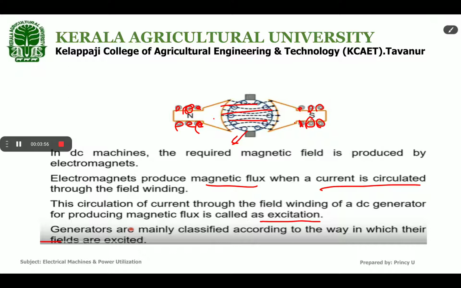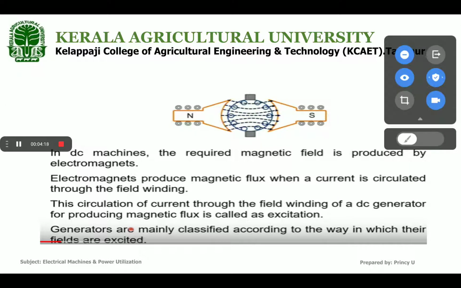So the generators are mainly classified according to the way in which their fields are excited. Now we are going to study the different types of DC generators, with the classification based on how the field windings are excited.